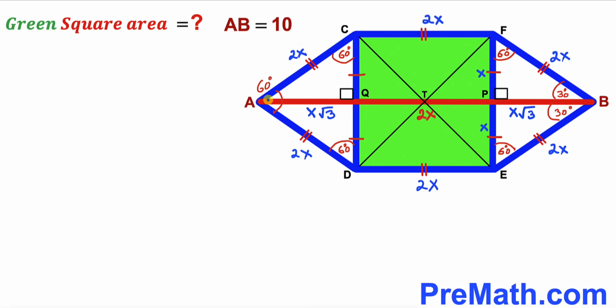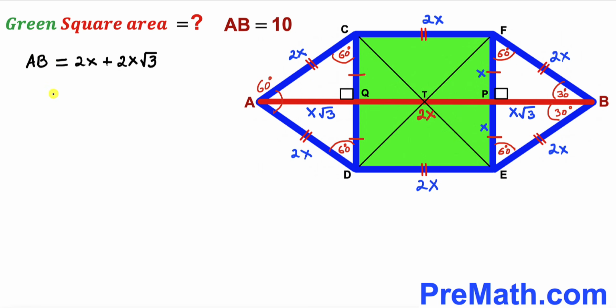Therefore the whole AB length is going to be the sum of all these three individual lengths. If we add them, the AB length is going to be equal to 2x plus, if we add this and this, 2 times x times the square root of 3. We know our AB length is 10 units, so I'm going to replace AB with 10.